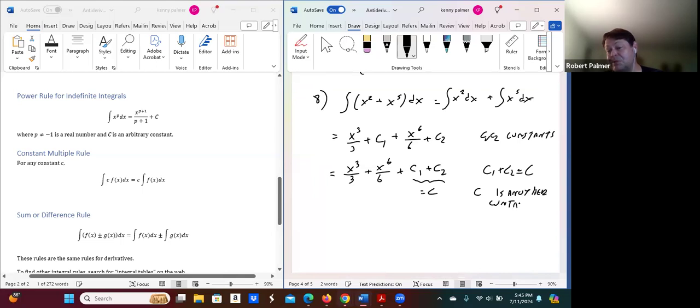So if I add two constants or subtract two constants, it's still just a constant. So I can basically combine both those constants into one. And so finally, this is going to be written as x cubed over 3 plus x to the 6 over 6 plus just c.